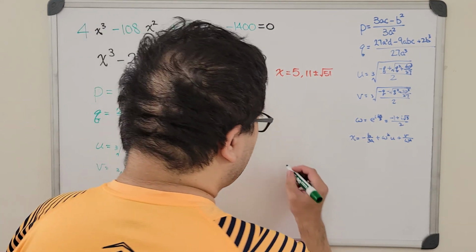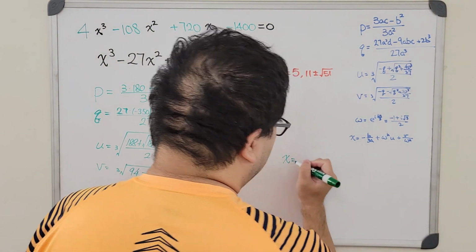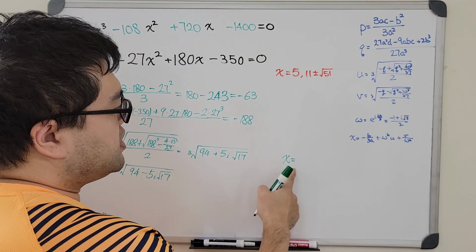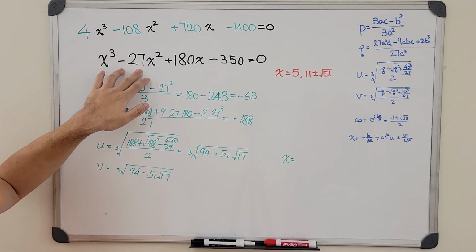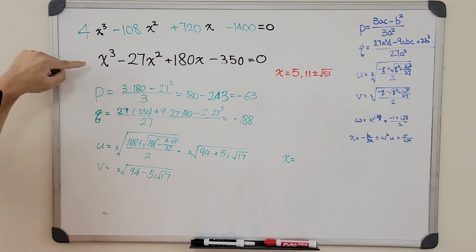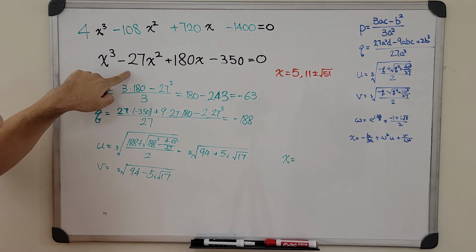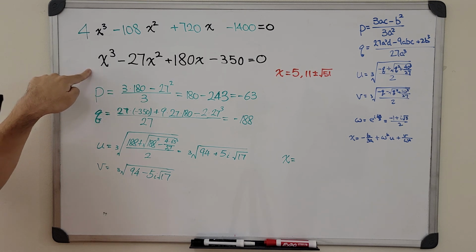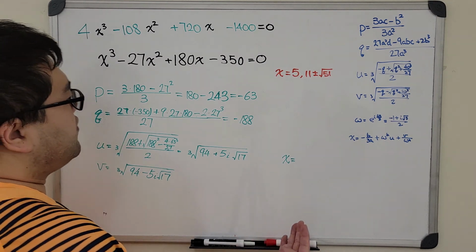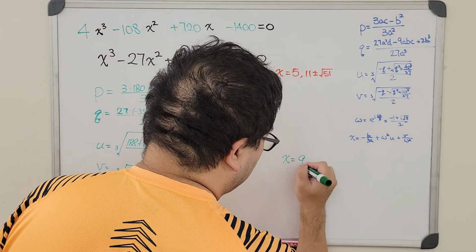So our first solution will then become x equals negative b, and again b is the value that we use here in this second line, which is negative 27, meaning that we are double negative. It turns into 27 over 3a, where a is again 1. So we have 27 over 3, which is 9.